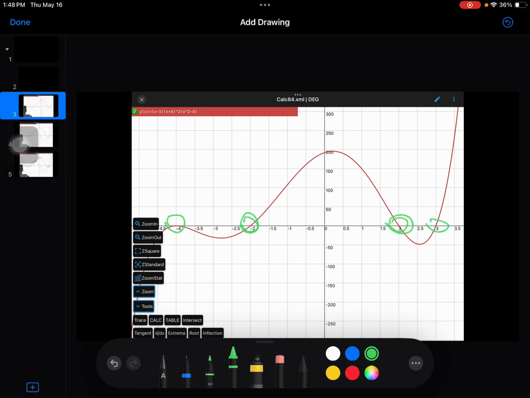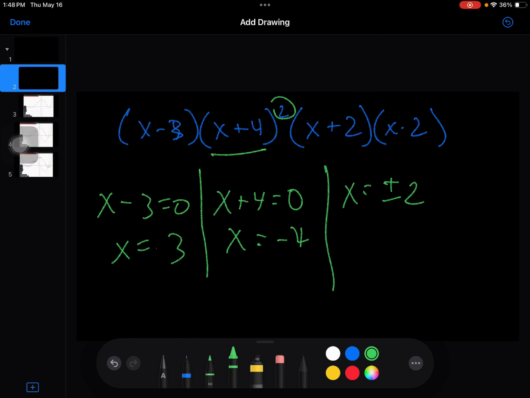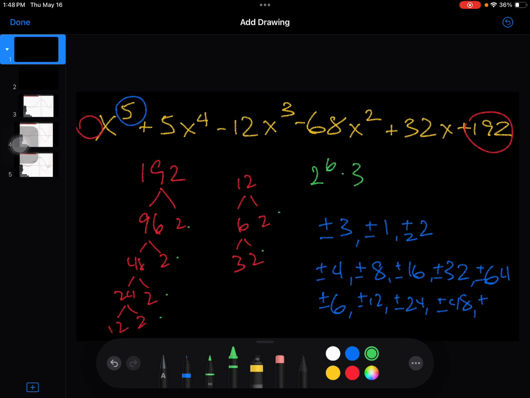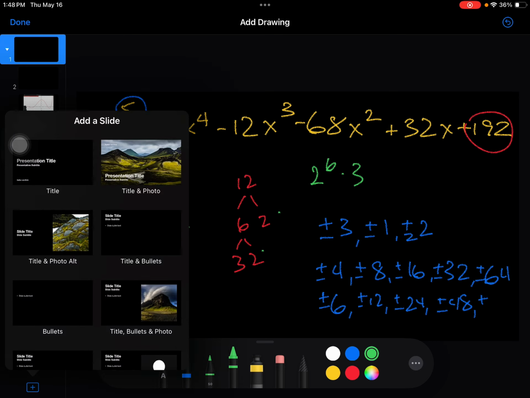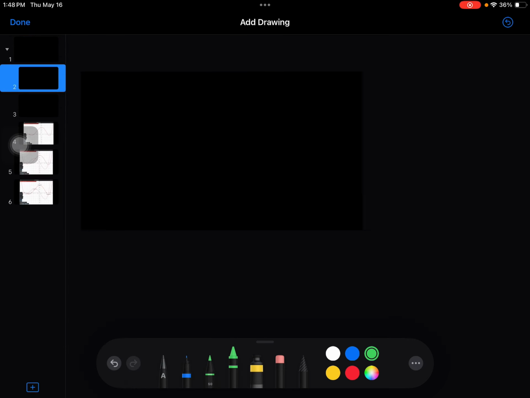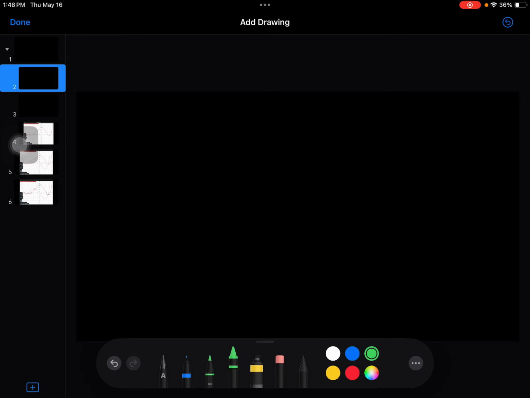Okay, so now we found the roots, and we could have done that a couple of different ways. Back in the old days we would have had to try to factor this thing by hand, and that would have been a real pain. But let's go through the motions and see if we can come up with some indication that we're on the right track. We would have had to try plus and minus 3, but for simplicity and expediency's sake, let's say that we tried plus 3 and it didn't work.